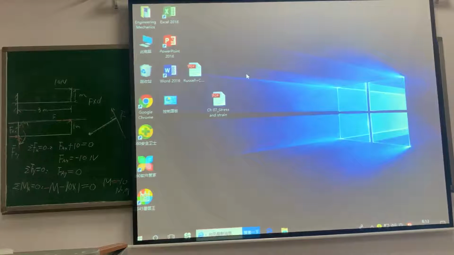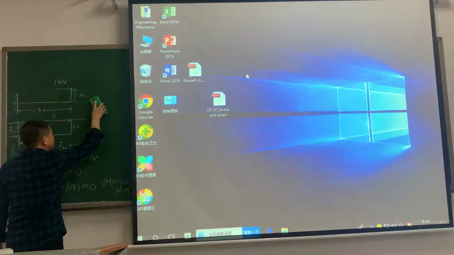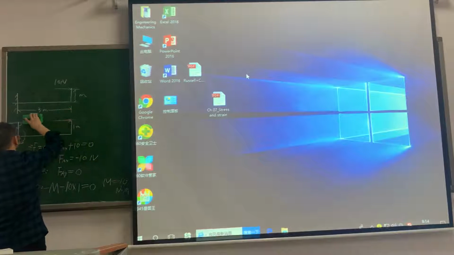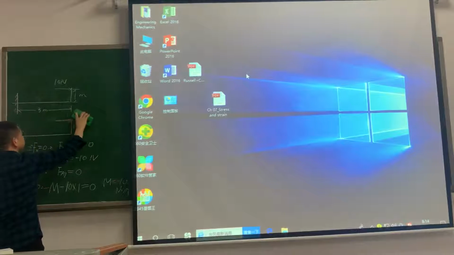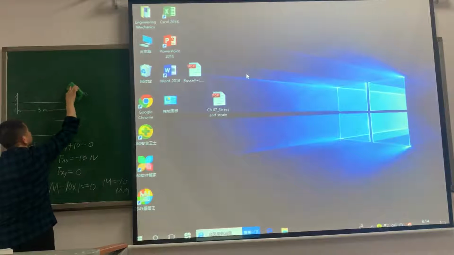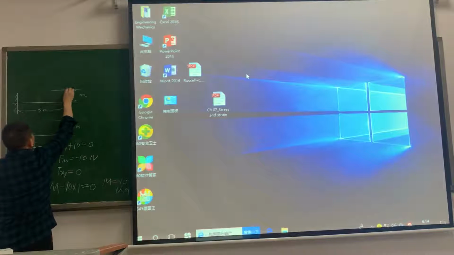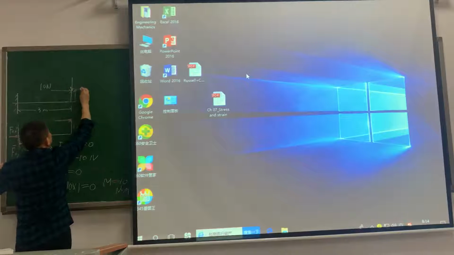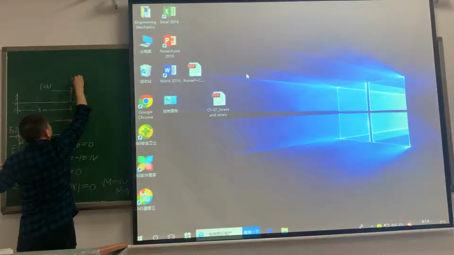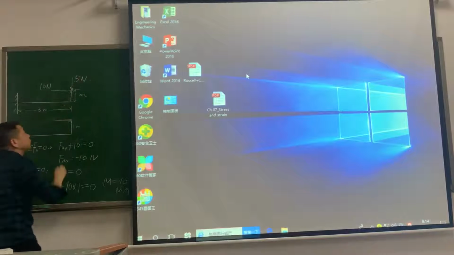In this problem, we don't use it. If I change the force, I change the problem, okay? Suppose this is 10 Newton. There is another force, 5 Newton.